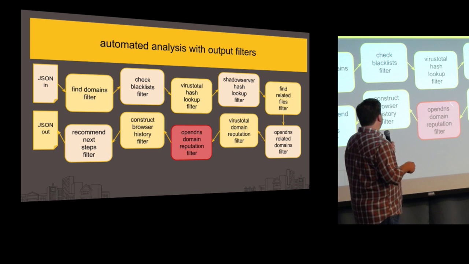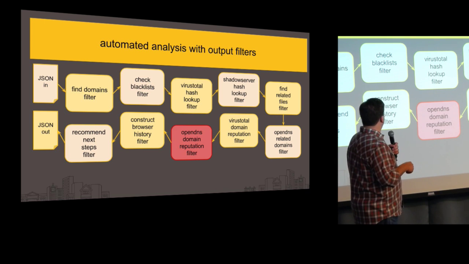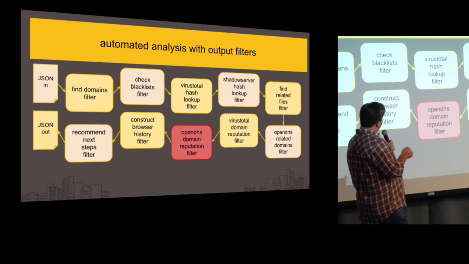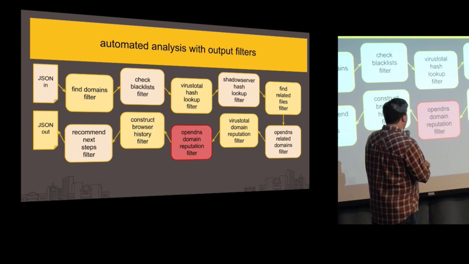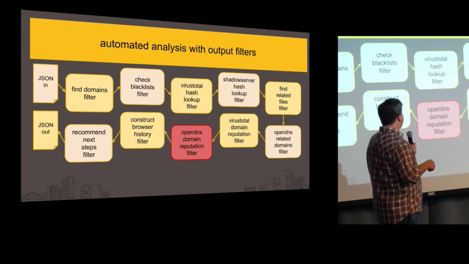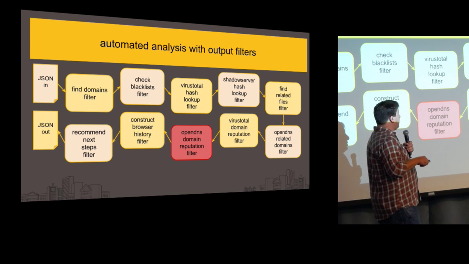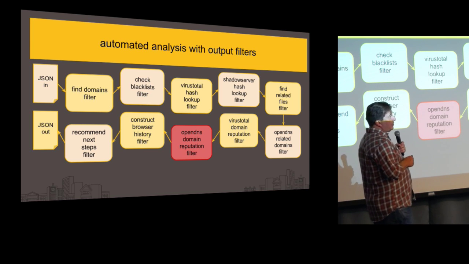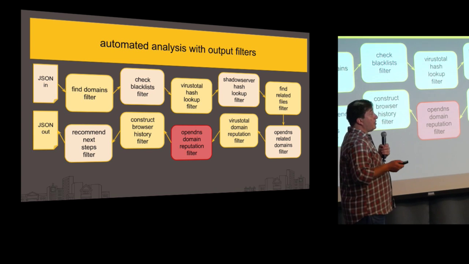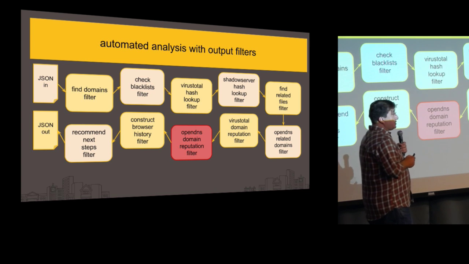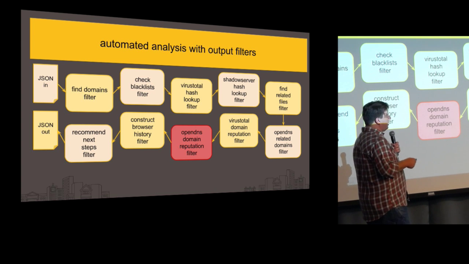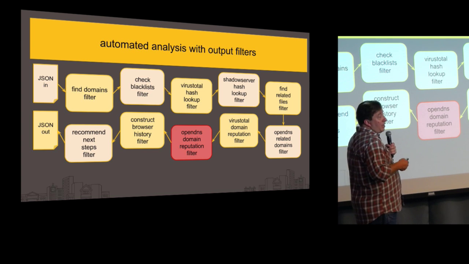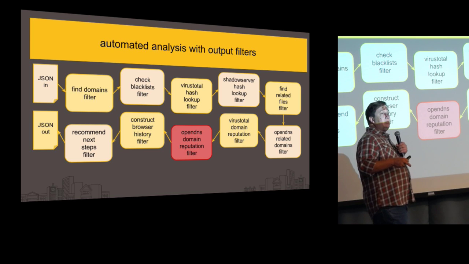Those are the only premium things I think we've integrated right now. It's really easy to integrate your own. I only know of 1 or 2 companies who've actually bought OpenDNS and VirusTotal like we have. I know a bunch of companies who are using it reasonably successfully without it, so I don't think you need to pay for these things. I do think it works better than not doing that, but you can get away without paying for it.